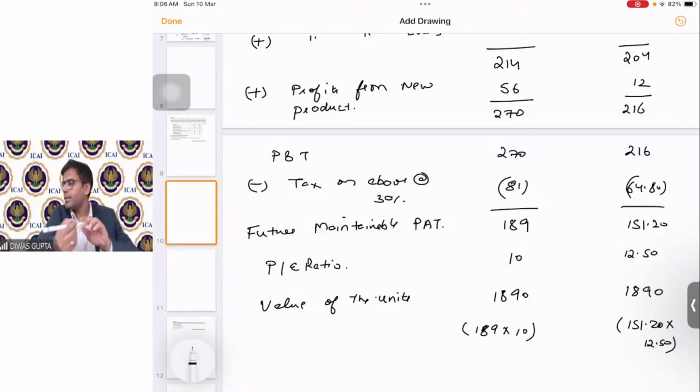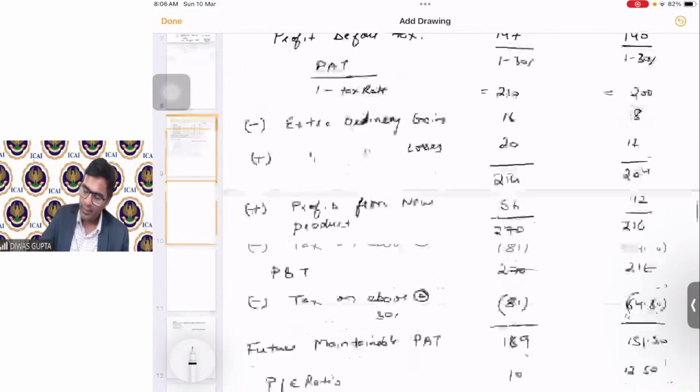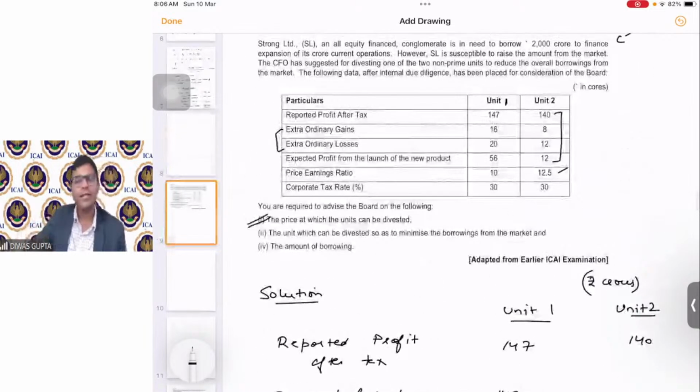Clear, students? Now, the price at which units can be divested is calculated. Second part, the unit which can be divested so as to minimize the borrowings from the market.